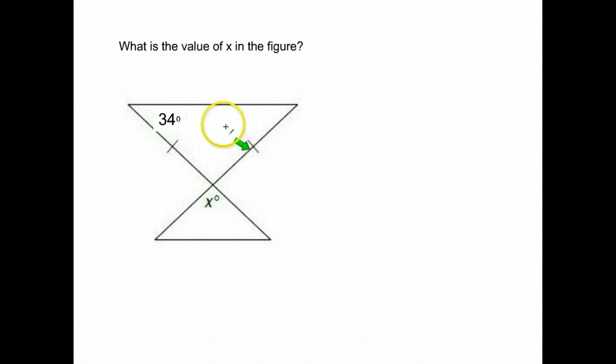The isosceles triangle theorem, which we studied in this lesson, said that when you have two congruent sides, the angles opposite those sides, so this angle here and this 34-degree angle here, are congruent. So if this angle is 34 degrees, that means that this one here would also have to be 34 degrees.